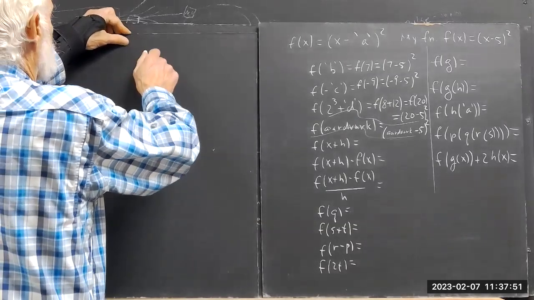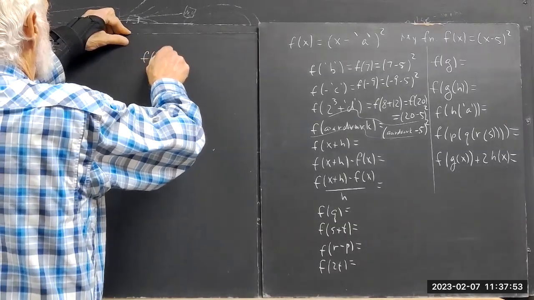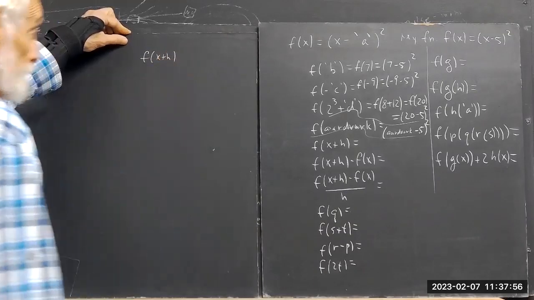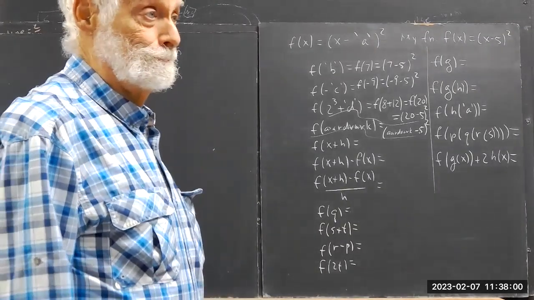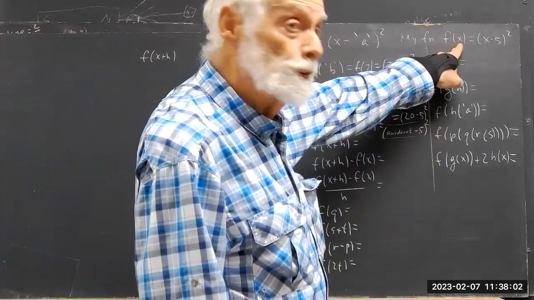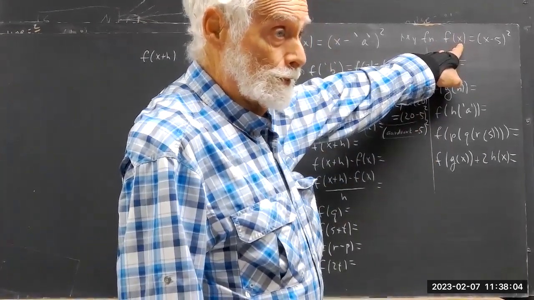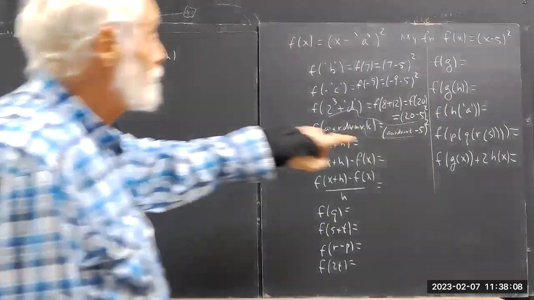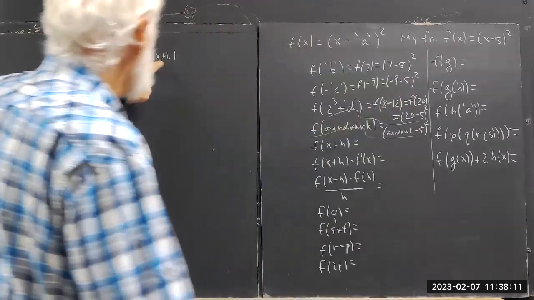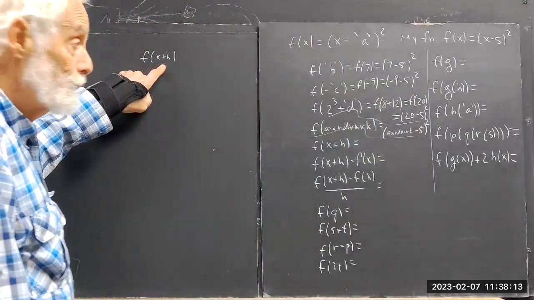But f of x plus h. The only question, absolutely only question is what's in parentheses. It replaces by whatever's in parentheses. So if this now appears as x plus h, then that means x gets replaced by x plus h.